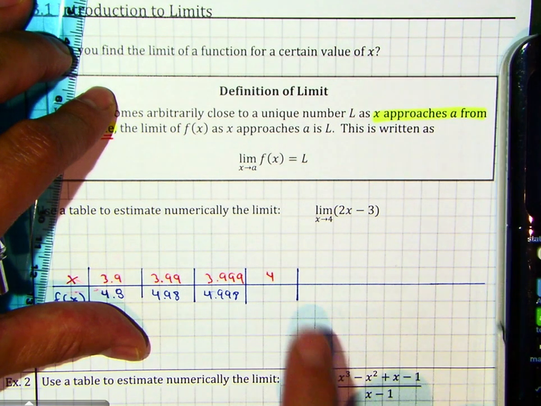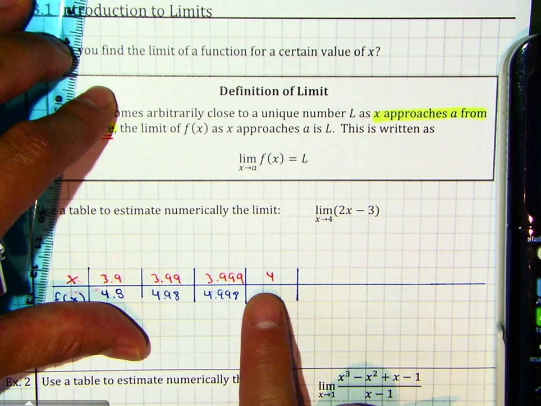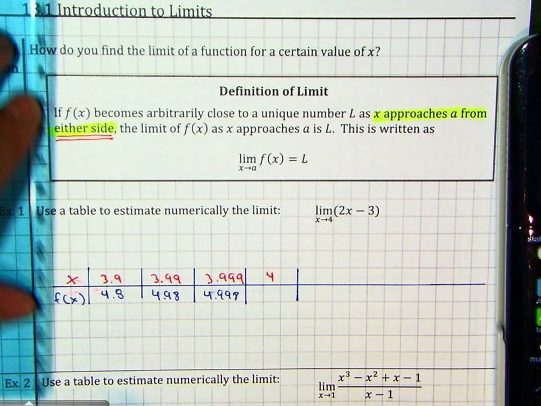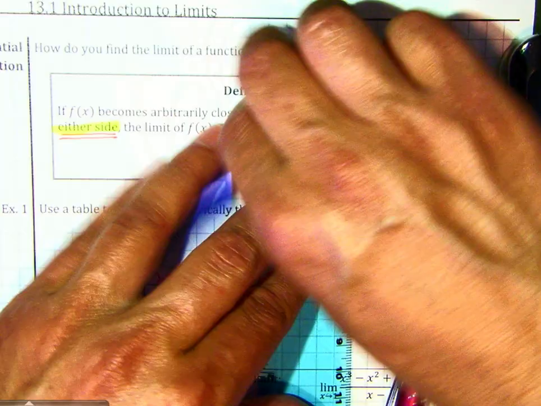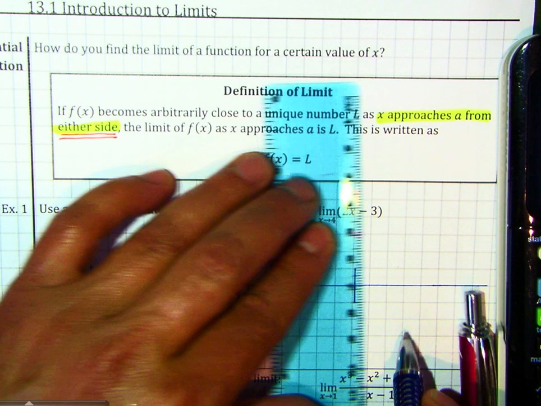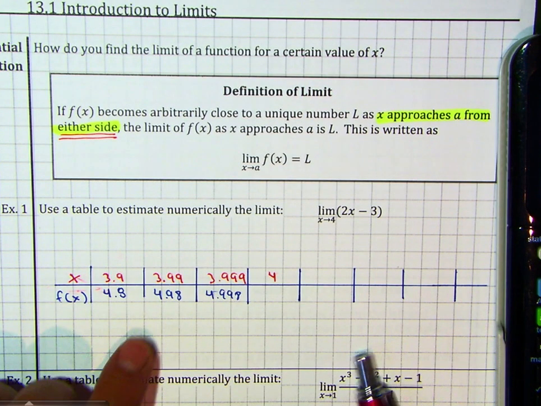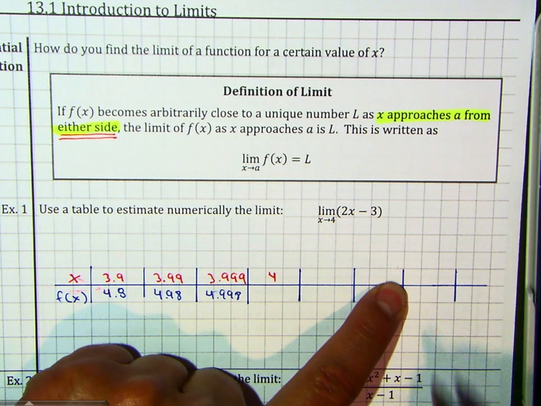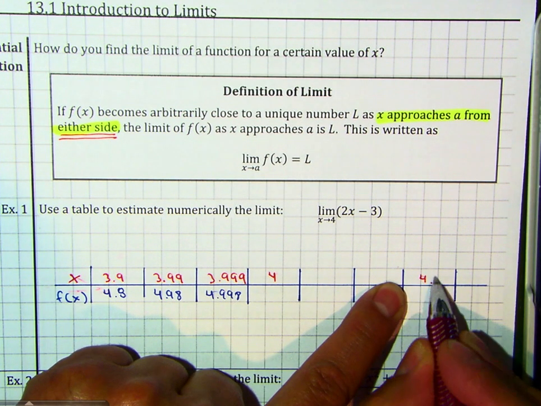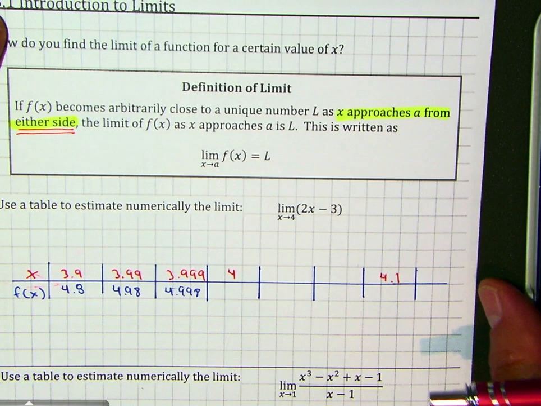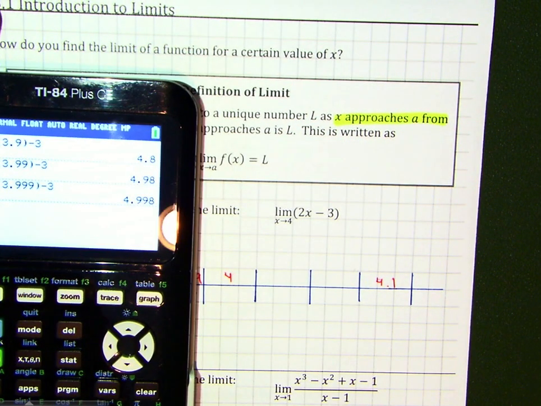Now, I want to go over to the other side. So let me just go 1, 2, 3. I'll go 3 spots to the right: 1, 2, 3. So therefore, I'm going to use 4.1, and I'm going to type into the calculator 2 times 4.1 minus 3, which will give me 5.2.